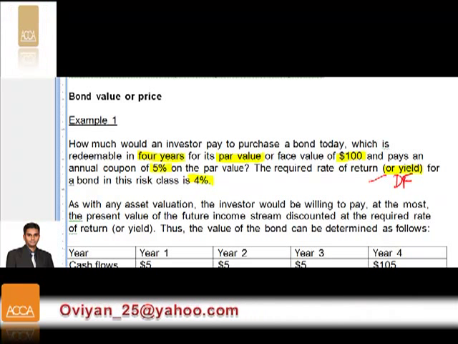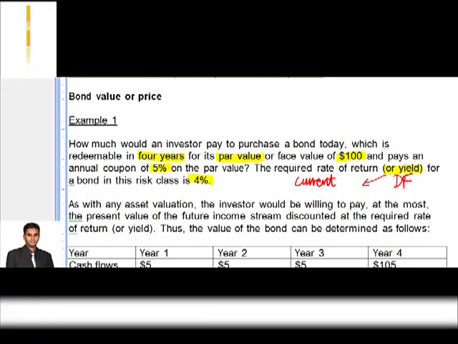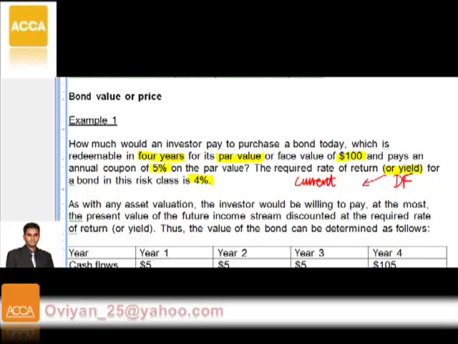So this is actually the current market interest rate for the bond, which in this case is 4%. The bond is giving you 5, the market is 4.